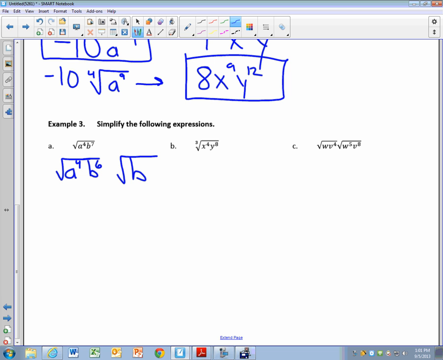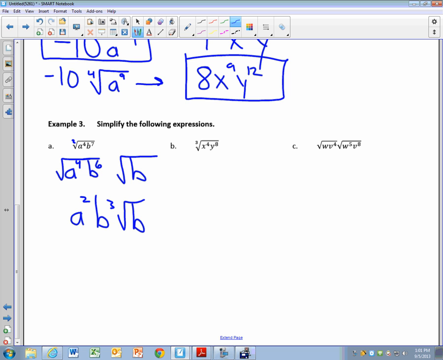Nothing will happen to the right side, but to the left side, I get a to the 2nd, b to the 3rd. Leave the square root of b alone. So the idea is if the index, in this case it's a 2, divides into the exponents, then you're good. If it doesn't, you're in trouble.